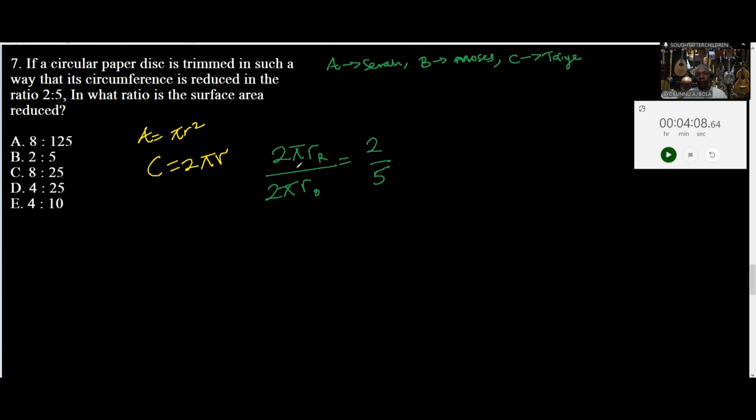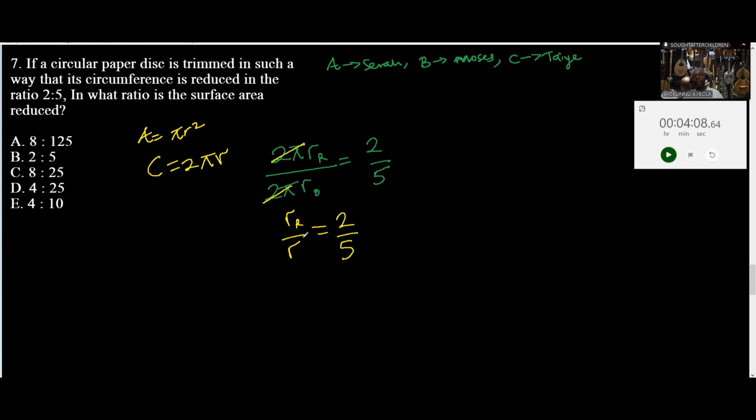Here we have 2 pi cancel 2 pi. So we have r reduced over r original, which will be 2 ratio 5.